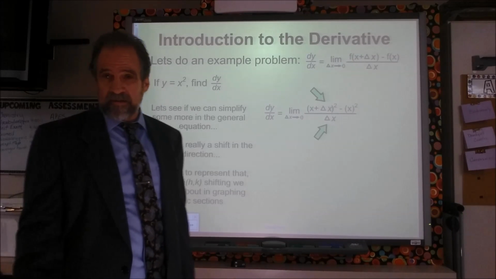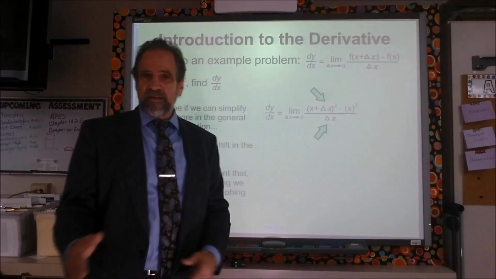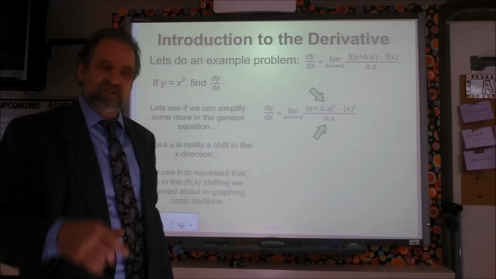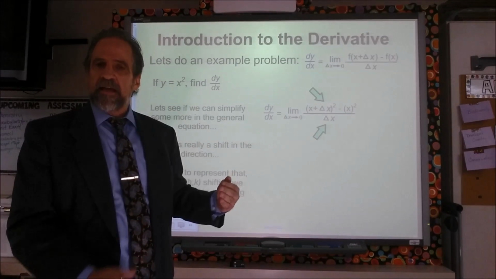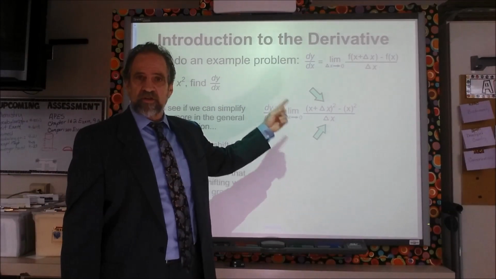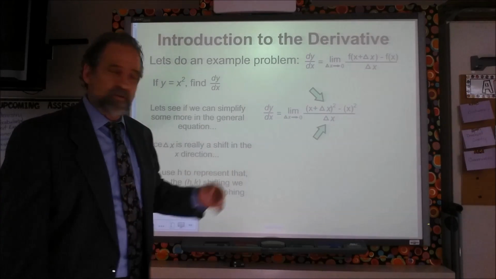And now that we're doing things on computers, it's easier, but still, delta is not a simple keystroke on a normal keyboard. That's what it boils down to. Whereas h is a simple keystroke, and we know that h represents a shift in x. A shift in x is a change in the x direction, and delta means change, so delta x means change in x, so we're going to use h to represent that shift of x.